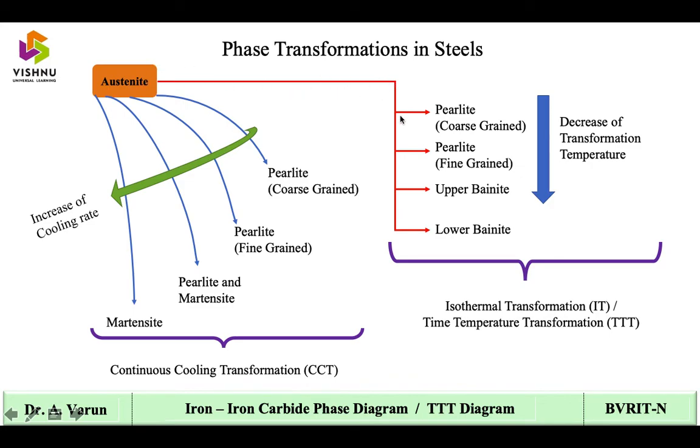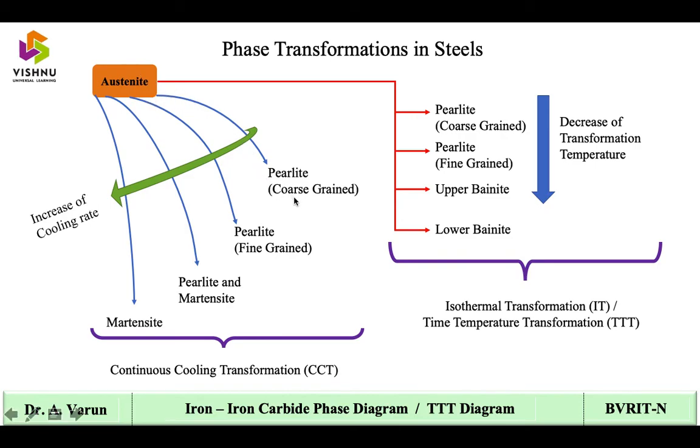So basically, the difference between TTT and CCT is, in TTT you take the austenite and cool to some subcritical temperature and then rapidly cool it. Here we are just trying to see, using the diagram, how we get different phase changes in steel, and that is the TTT diagram. And in CCT you increase the cooling rate by using different media to cool to room temperature, and the media have different cooling rates.